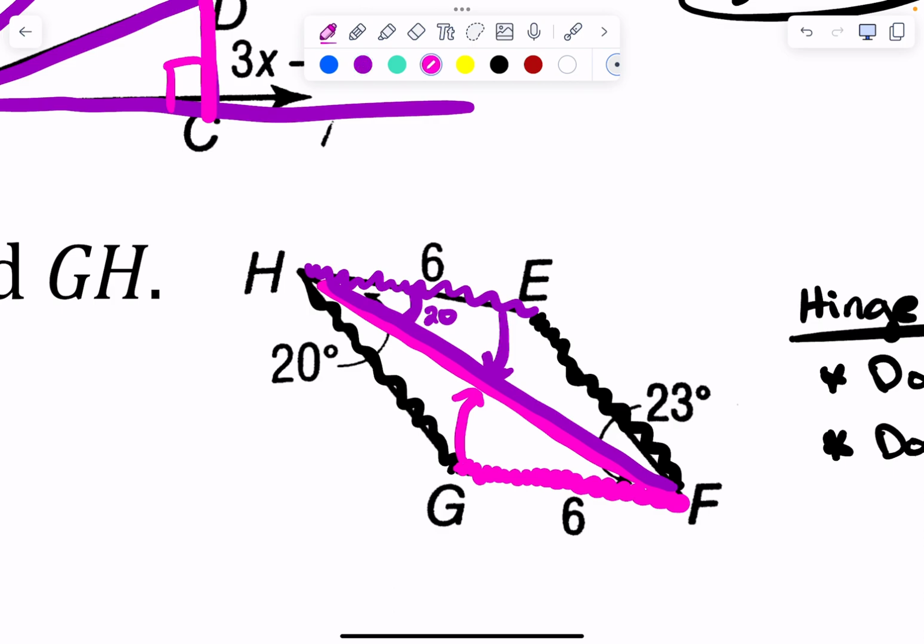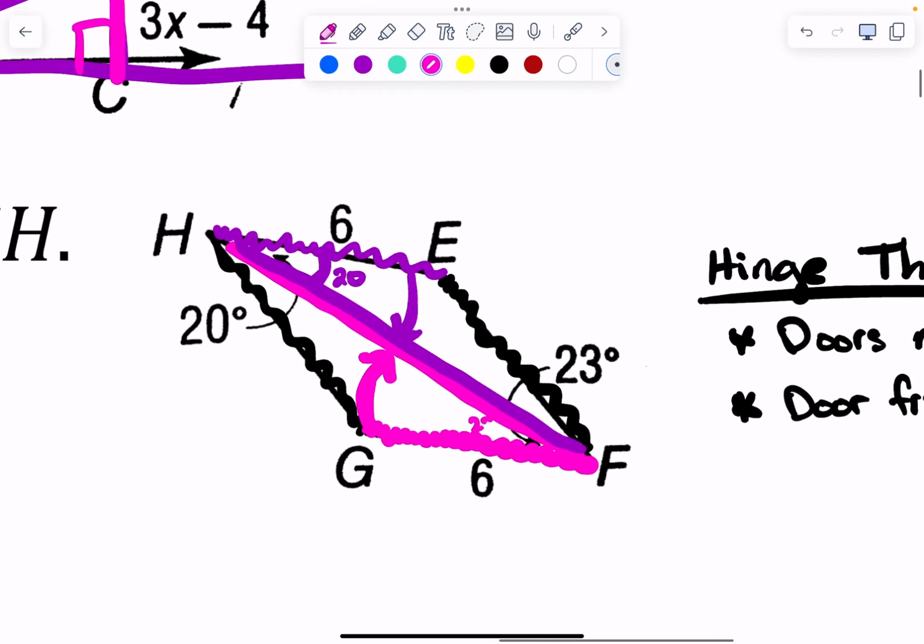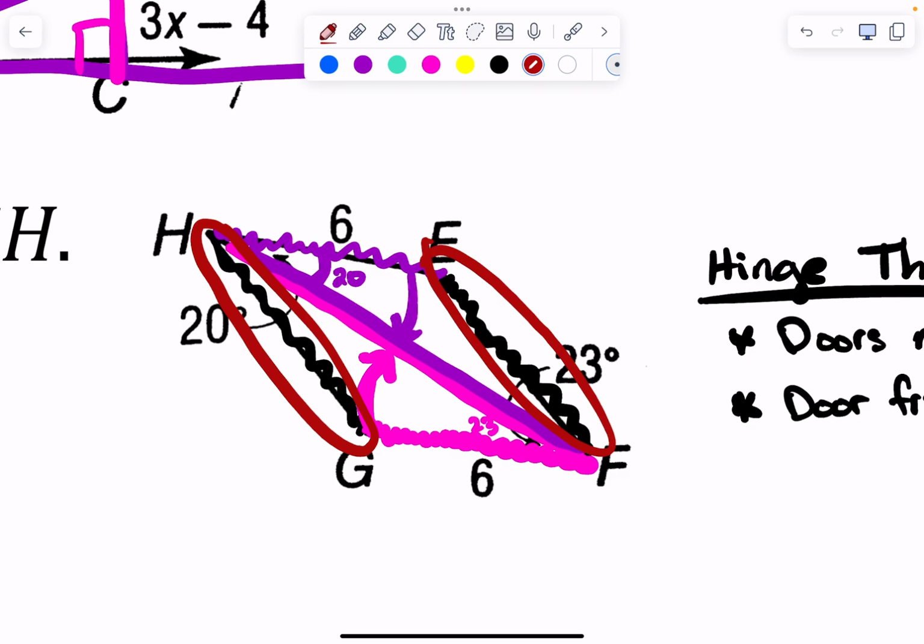How far is this guy, the pink one, swinging open? 23 degrees. So now I need to compare this side here to this side here. Which one is bigger? This one. Yeah, GH is going to be bigger because 23 means he's swinging open wider, right? He's opening wider at 23 degrees than he is at the other one.